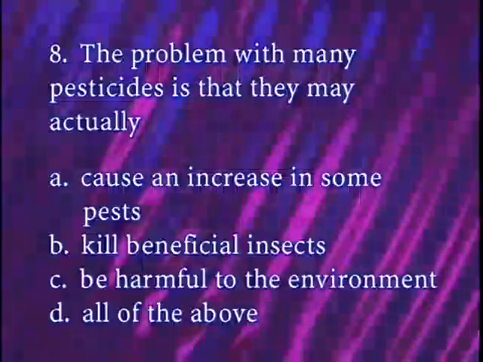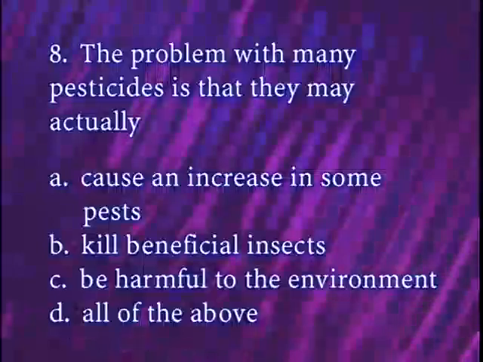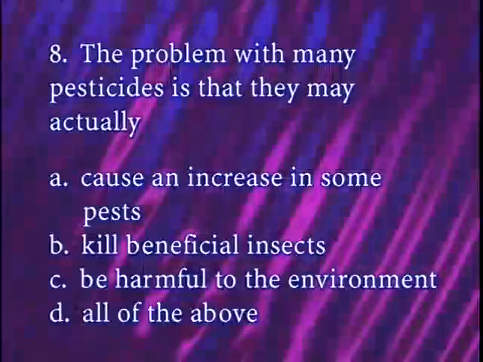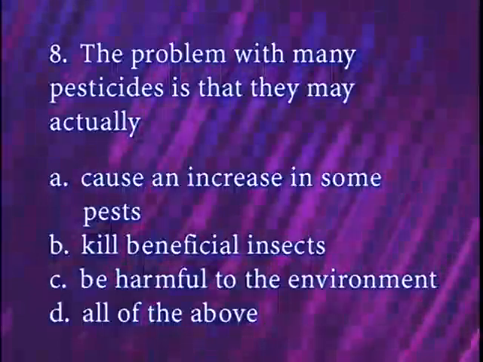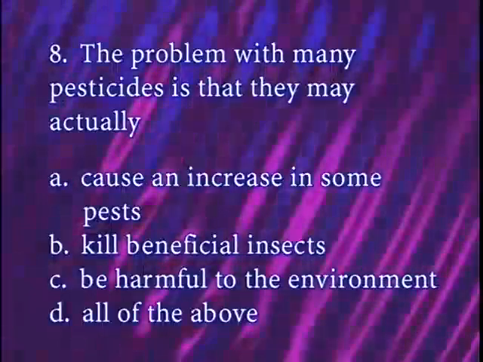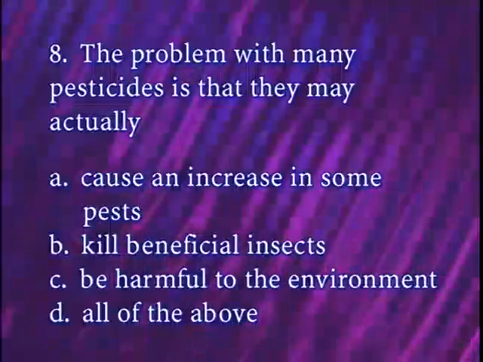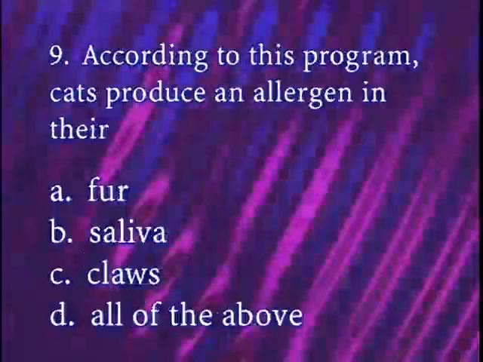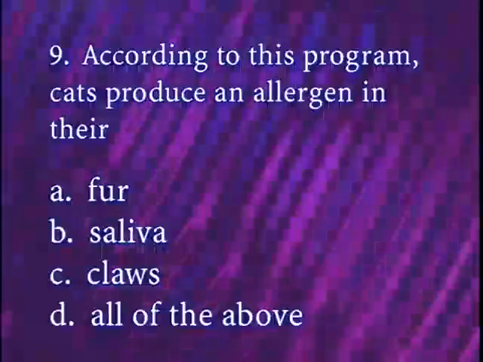The problem with many pesticides is that they may actually A. Cause an increase in some pests. B. Kill beneficial insects. C. Be harmful to the environment. D. All of the above. According to this program, cats produce an allergen in their A. Fur.